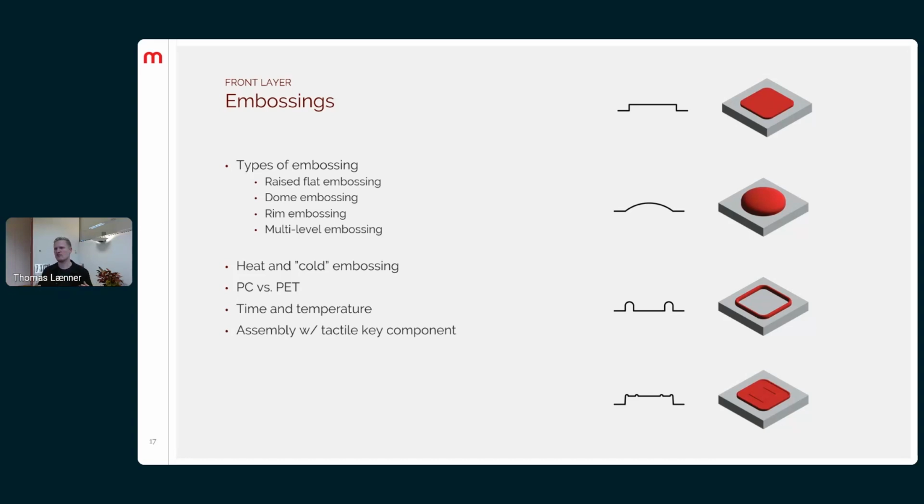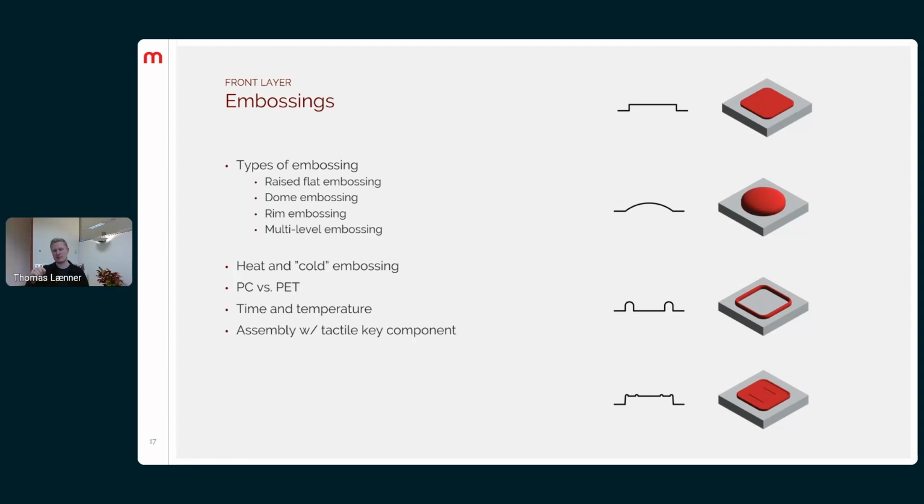And again, when it comes to assembly, if we're just supplying an overlay with an embossing on it, and you have your own tactile key component or components underneath, it's very important for us to understand and have a dialogue about which tactile component. Because if you, for example, use a polycarbonate which has a small tactile feel in the actual embossing, you'll have the risk of first feeling the click from the polycarbonate, and then afterwards the click of the tactile key element, or the other way around.